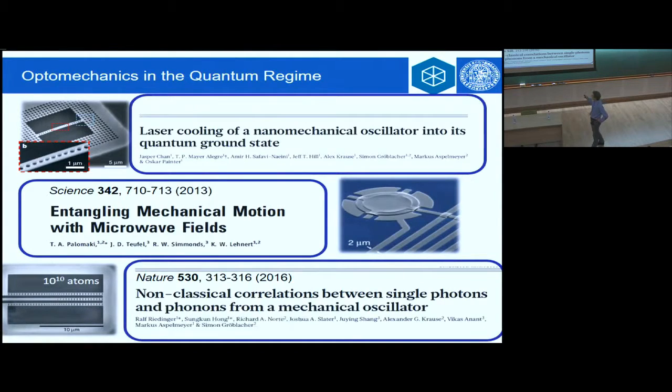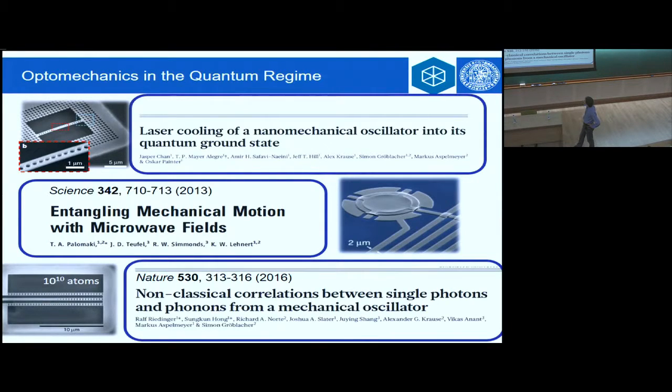And a recent experiment in the Aspelmeyer Group was to use single photon excitation with a single phonon excitation in the optomechanical crystal to see non-classical correlations between them. That is eventually going towards seeing entanglement as well, which is not possible at this point due to high losses.